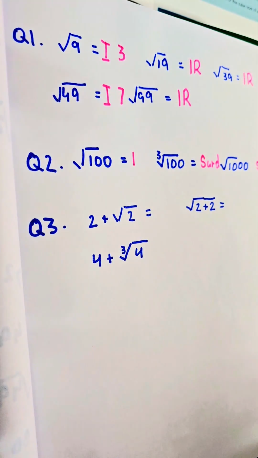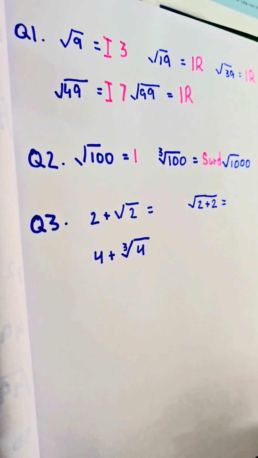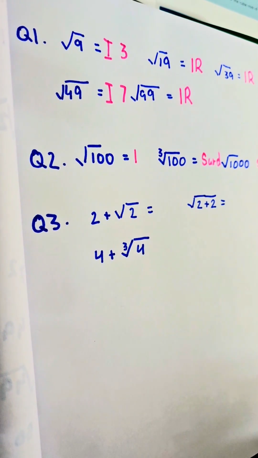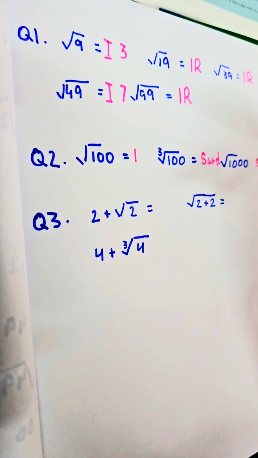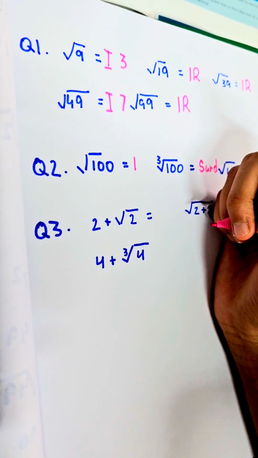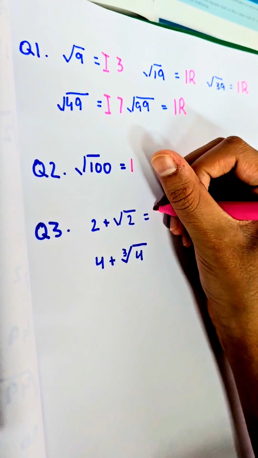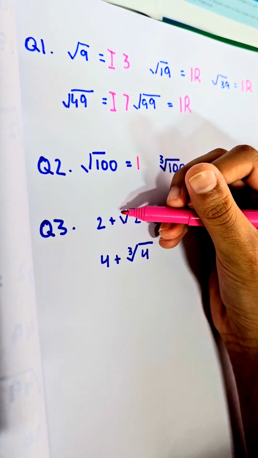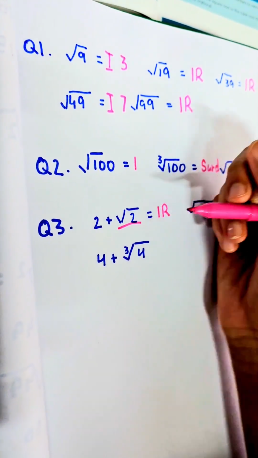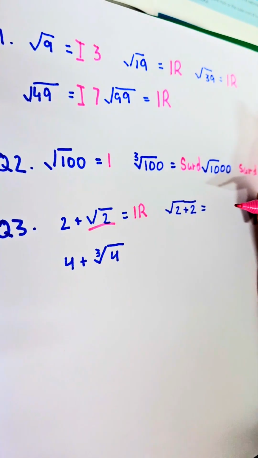In this question, we have to find, is each of these numbers rational or irrational? Give a reason. So A is irrational because the square root of 2 is irrational, so we can see it is irrational.